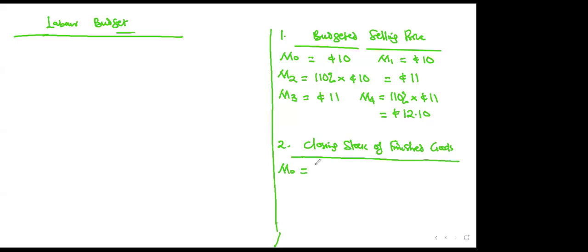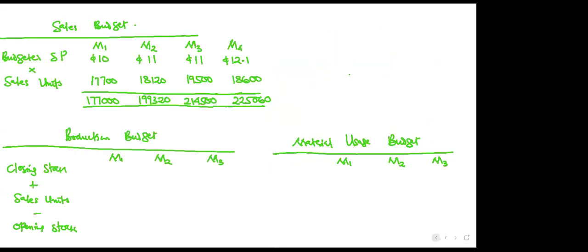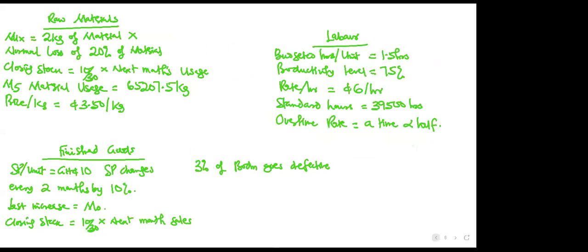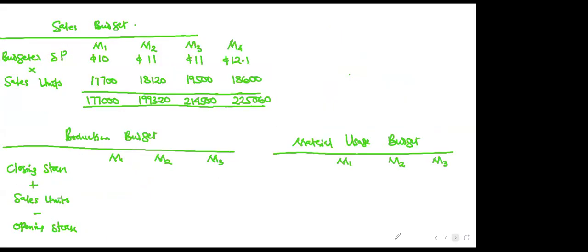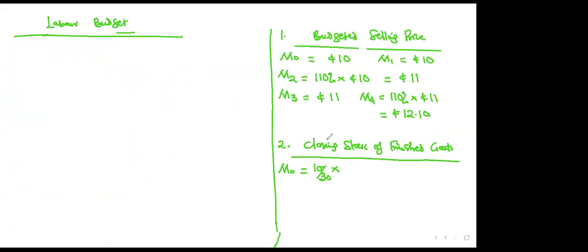Month 0, they say it should be 10/30 times next month's sales. Look at the information we put down. The question said we should maintain closing stock of finished goods at 10/30 of next month's sales. So it means that we are taking 10/30 of month 1 sales.